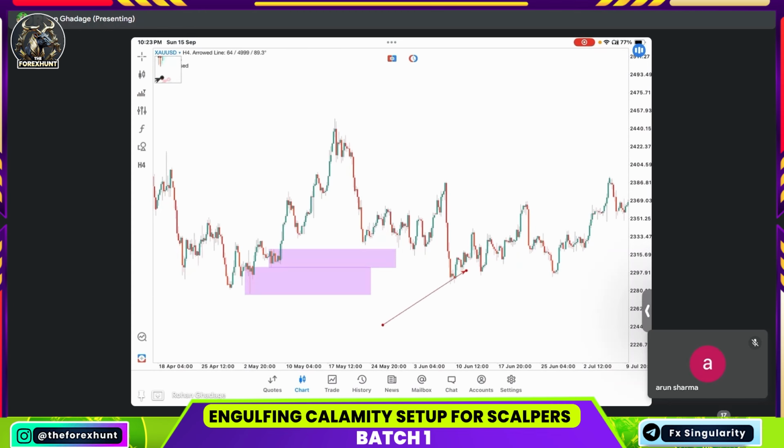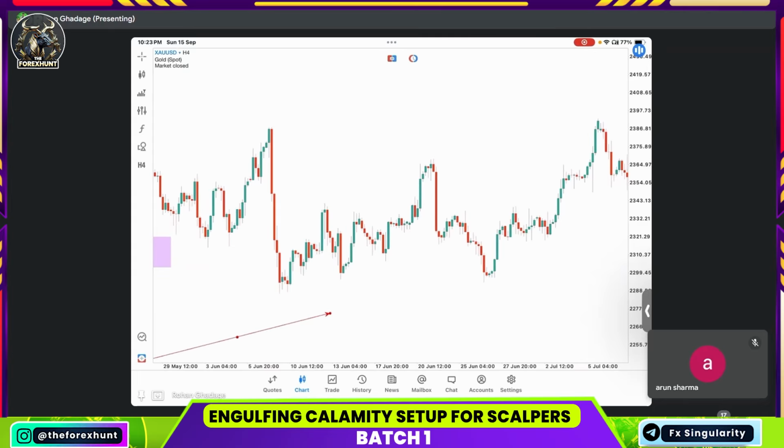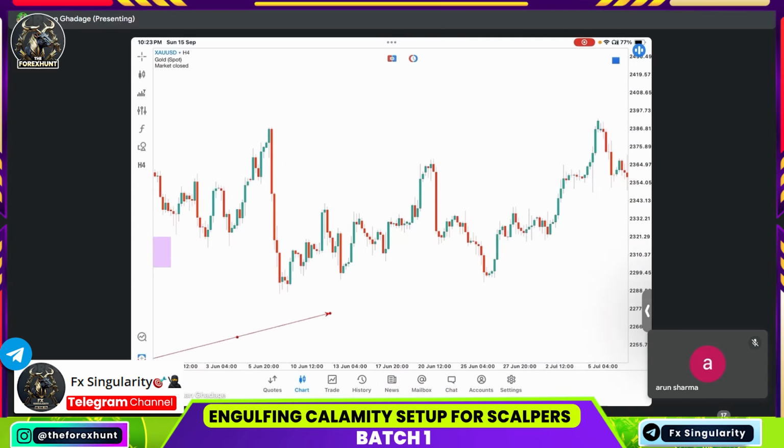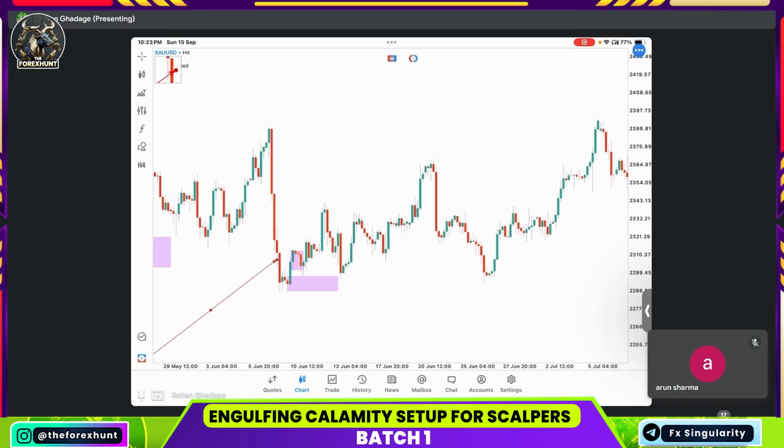So now how to enter here? That's the main thing. But today we are not going to the smaller time frame. We are just focusing on something which is important. So we will focus on this engulfing buy in H4. Say this is our engulfing buy, and if we have engulfing sell here, just assume this is a complete engulfing sell, do you take a sell trade here, guys, in this purple box?